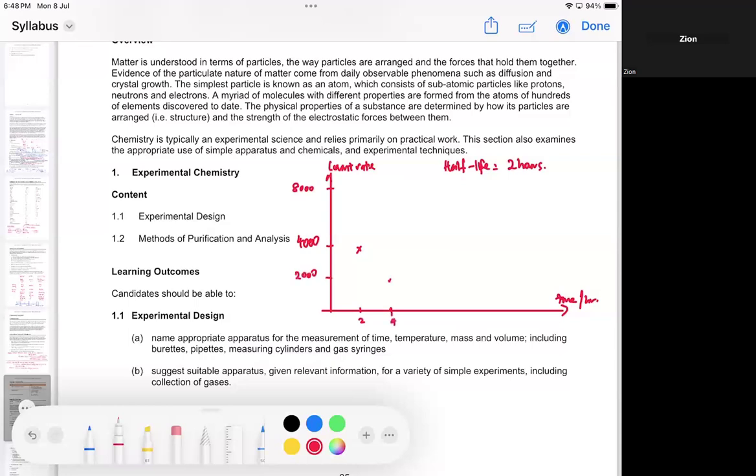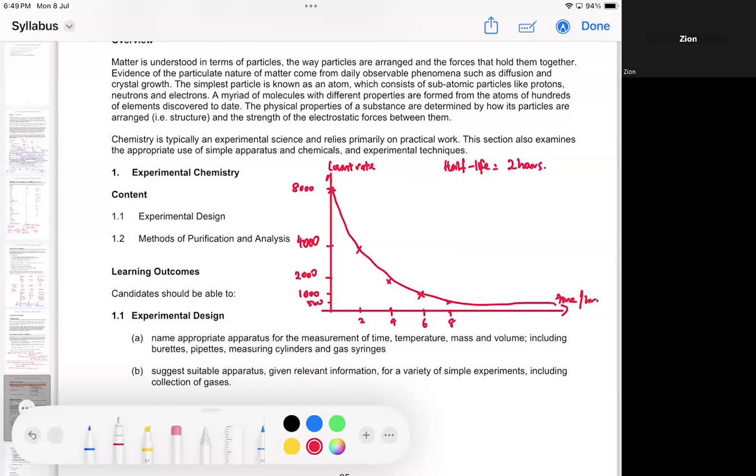Another 2-hour block goes by, it drops to 1,000, and then another 2-hour block, it drops to 500. So you can see the half-life diagram will look like this. I think you have seen this before, right? So that's the meaning of half-life. Simple.